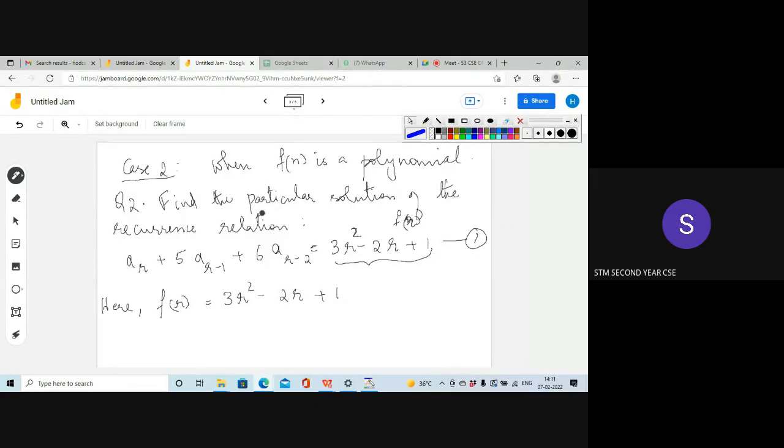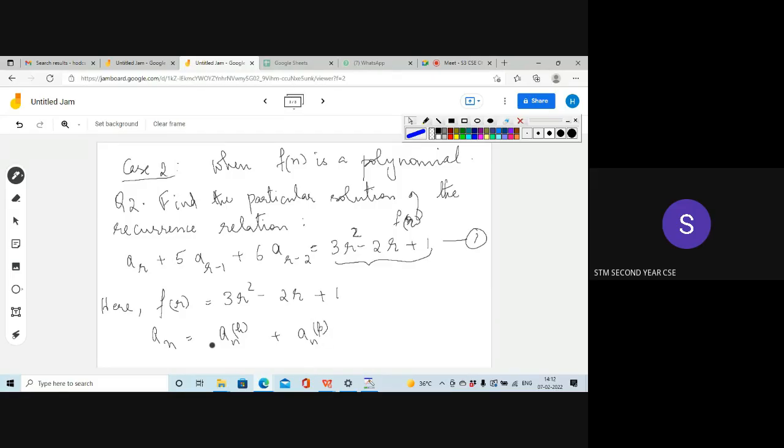Now for any non-homogeneous recurrence relation, we have two solutions: one is the homogeneous solution and the other is the particular solution. For any recurrence relation, you have a homogeneous plus a particular solution.